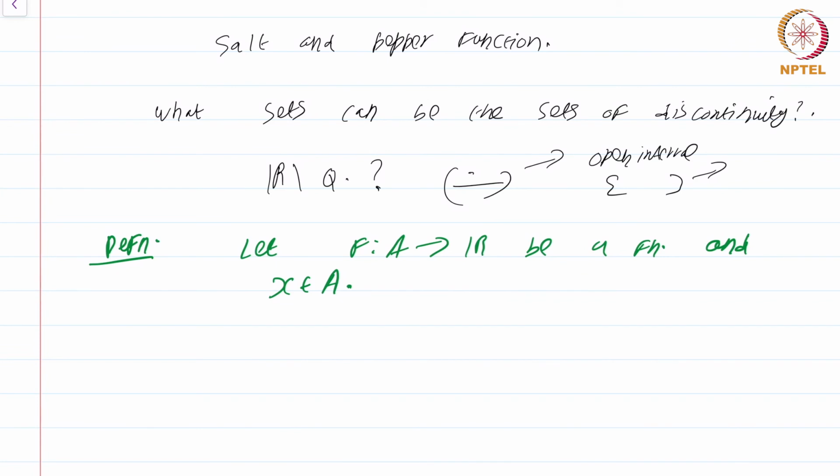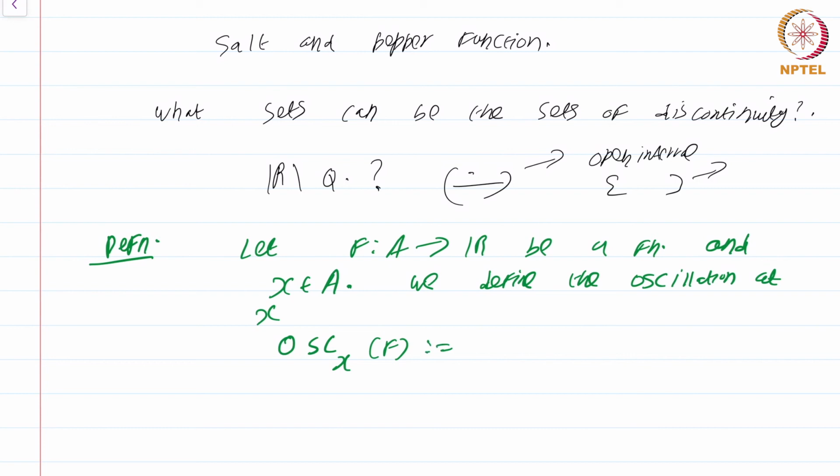How we do that is, we define the oscillation at x of f to be the limit as r goes to 0 of the diameter of f of the closed interval x minus r, x plus r intersect A.